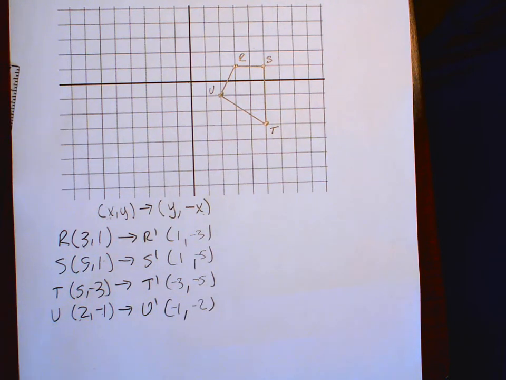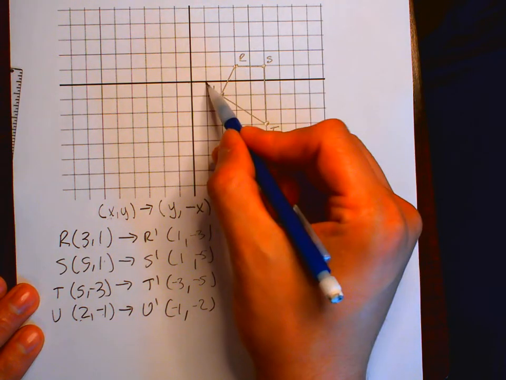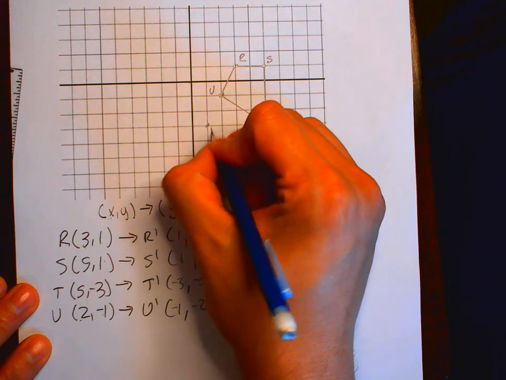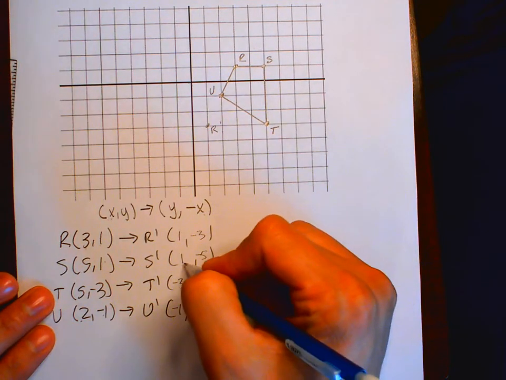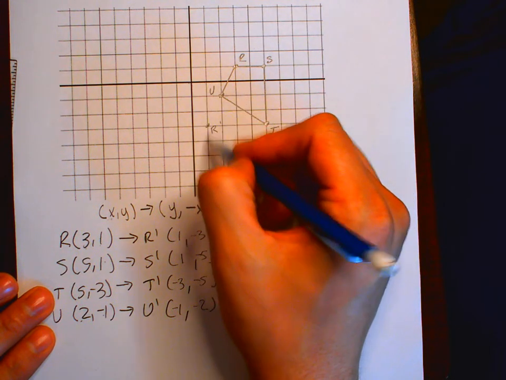Now what you're going to do is plot these. Hopefully I have enough space here. So for R prime, this is going to be (1, -3). For S prime, you're going to do (1, -5).